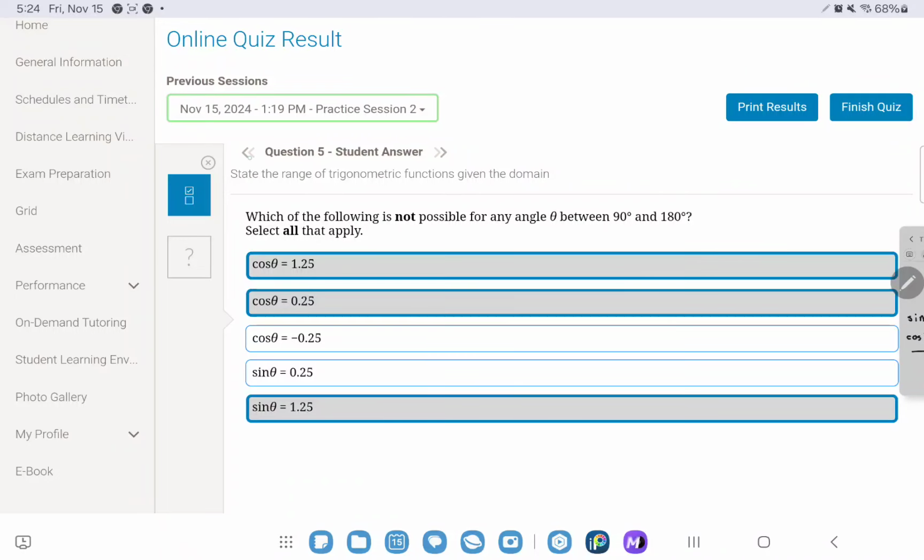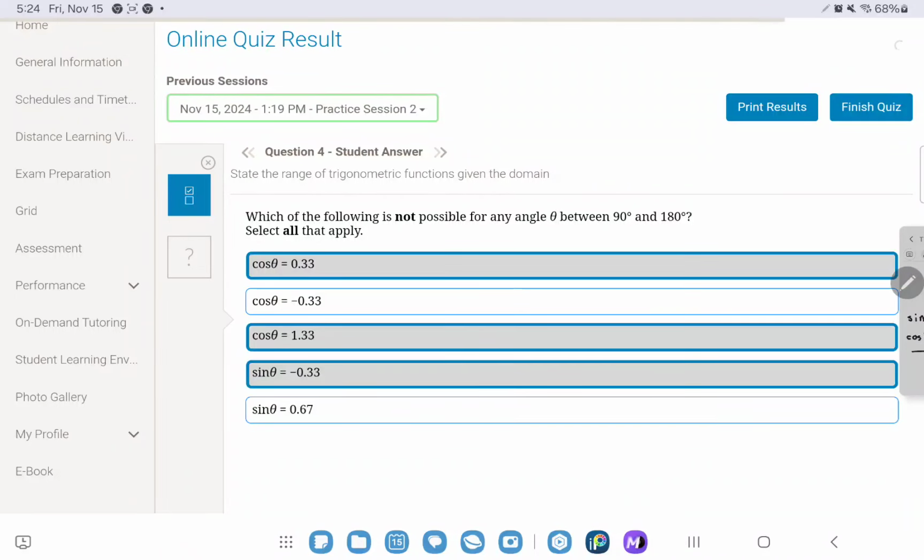Sorry guys, I skipped the question. So again, they want between 90 and 180. We're in the second quadrant, which is students. So again, sine and cosecant have to be positive. Cosine, positive, we cannot have it. By the way, here they're asking for not possible. That's why we're choosing these.